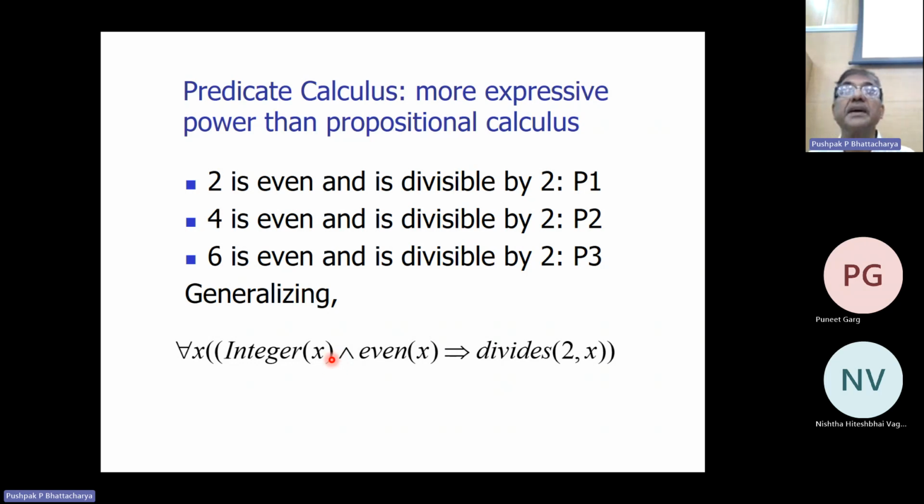That's why we say that predicate calculus is much more expressive than propositional calculus. So I hope you really appreciate this point. What would have required an infinite amount of memory requires a very, very small amount of memory. A few symbols, that's all. For all x, integer x and even x implies 2 divides x.